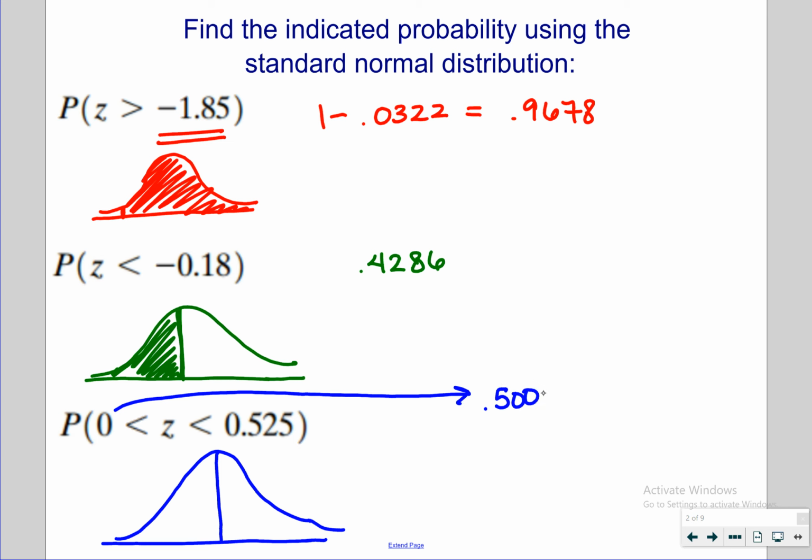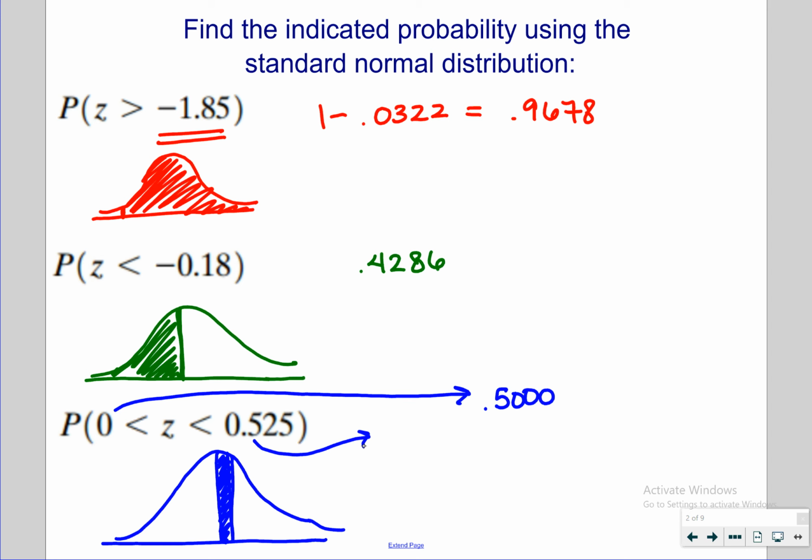Okay, so you can say 0.5000. That's what you're going to find on the chart. If you look it up, I think that one's on both sides of our chart. Okay, and then 0.525 is half of the way to that first standard deviation. So something like that we're calculating. That one we're going to need to look up.